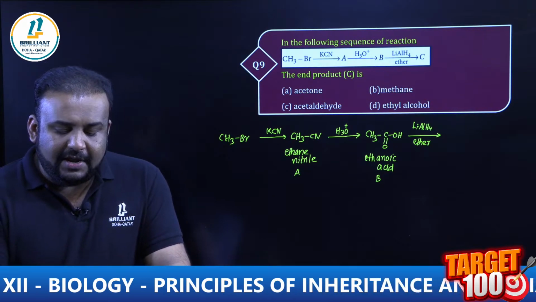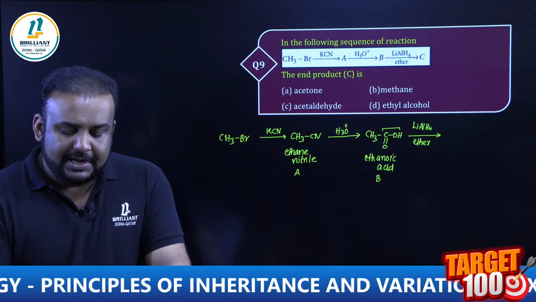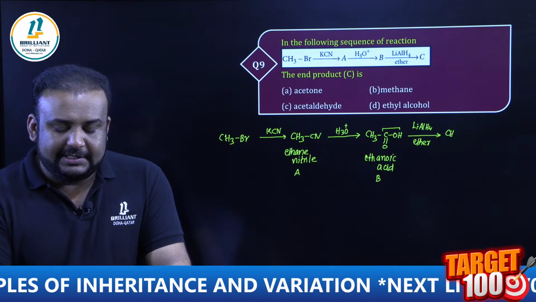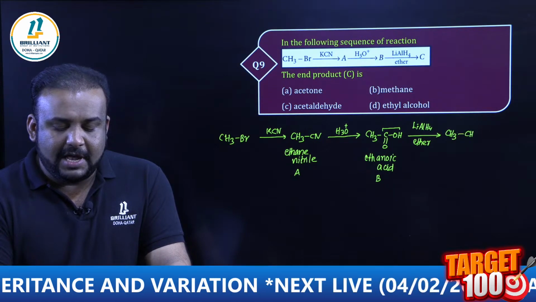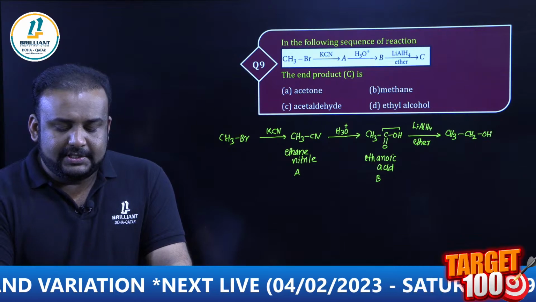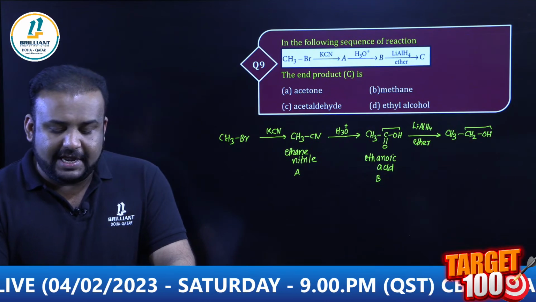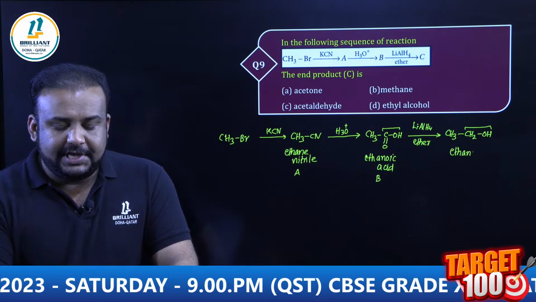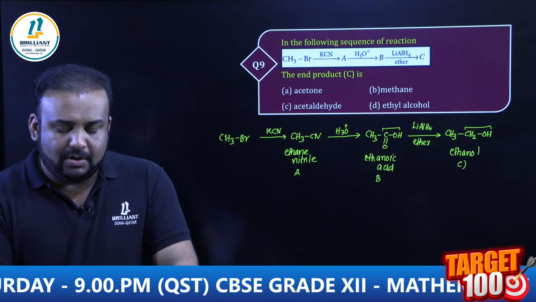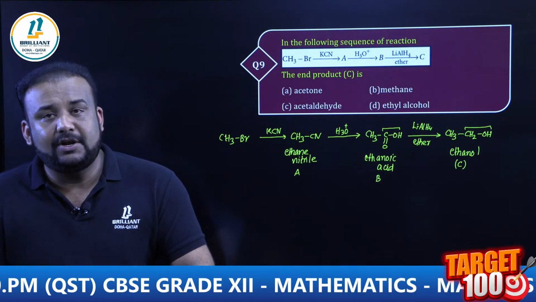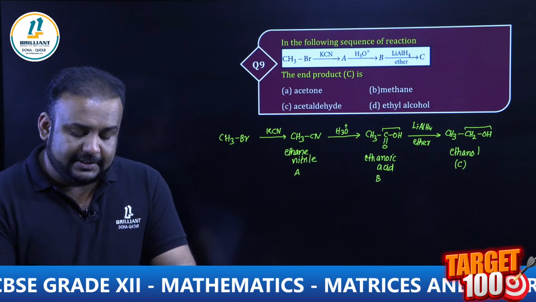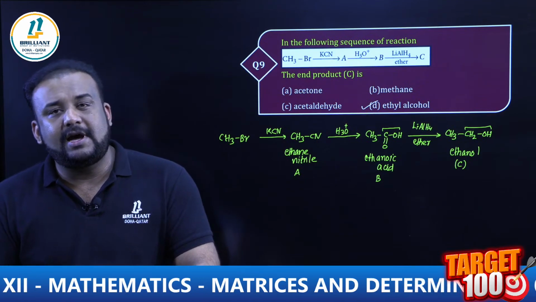So what do you get if you reduce a carboxylic acid? You know that carboxylic acid will get reduced to form alcohol. So the COOH will be reduced to alcohol. And what are we getting here? We are going to see ethanol. So the compound C is ethanol, or commonly known as ethyl alcohol.